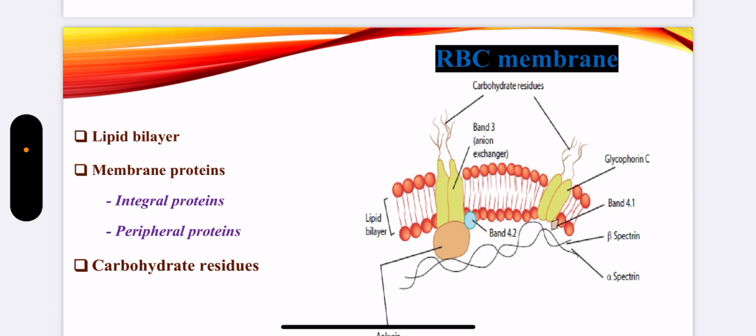There are integral proteins like band 3 and glycophorins, and proteins present at the periphery called peripheral proteins, such as spectrin, ankyrin, and actin. It has certain carbohydrate residues also. This RBC membrane accounts for the antigenic, mechanical, and transport-related characteristics of these cells.